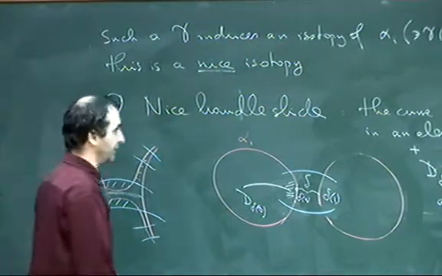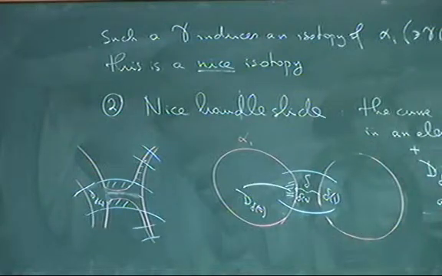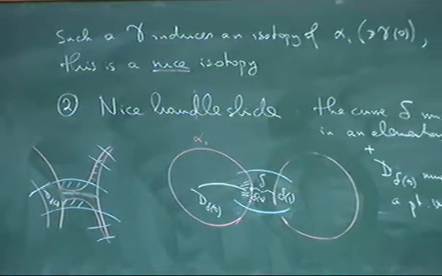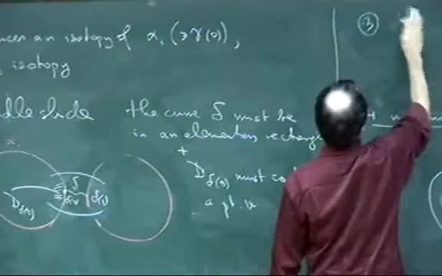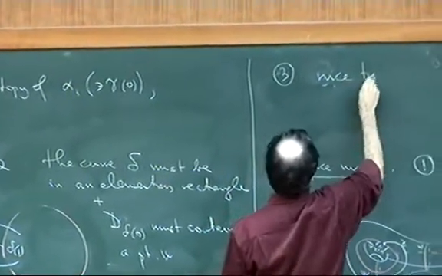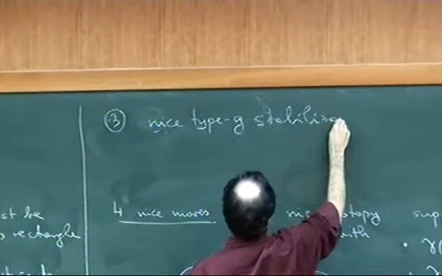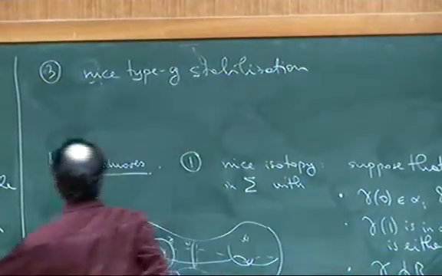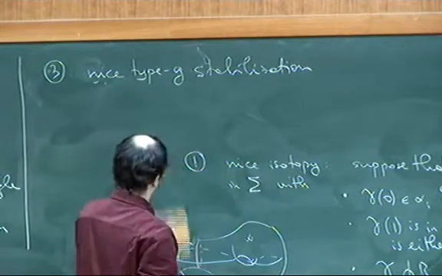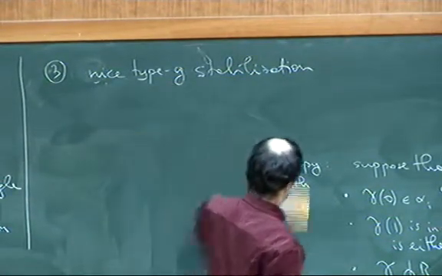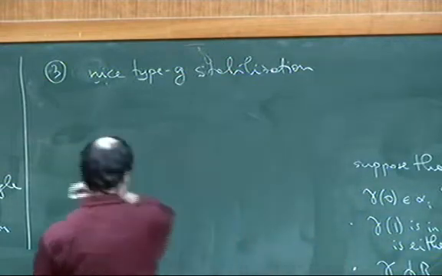So these are two moves, and there are two further ones. So the third is a nice type G stabilization. So these will be simple.